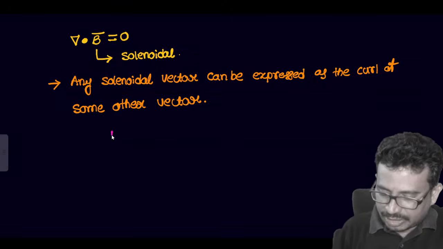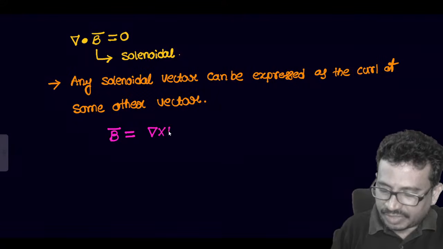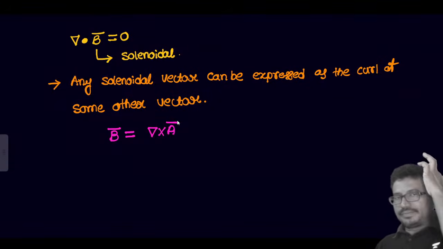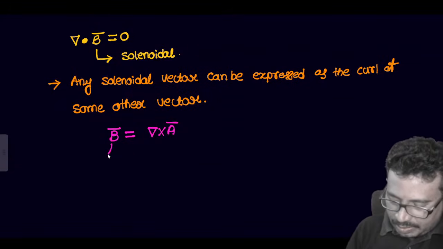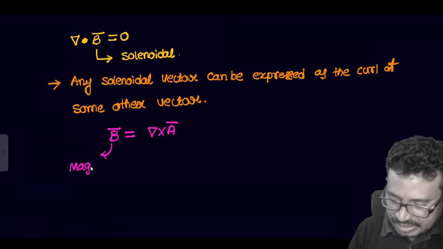We can say this vector B bar we can write as a curl of some other vector. We can write that vector as A. Right, here, what is the B, you tell me now? B is a magnetic flux density.